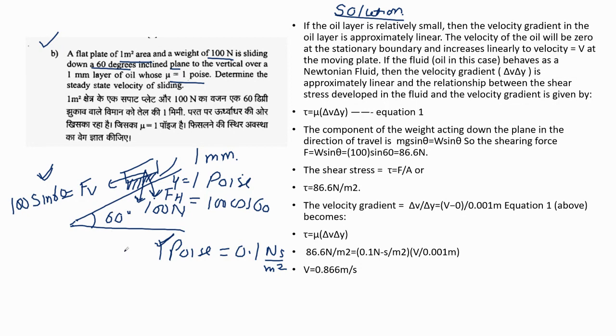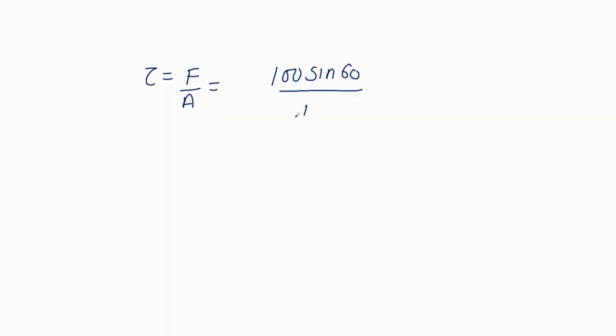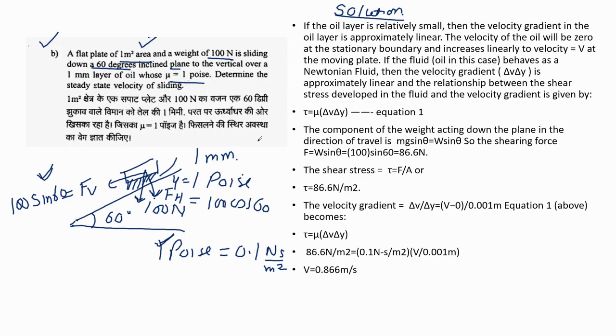Now what is shear stress? Shear stress is force upon area, and the force acting is 100 sine 60. And what is the area of the plate? Area is given as 1 meter square, so area is 1. Since the thickness of the oil is very small, it is 1 mm, we assume that the variation is linear.